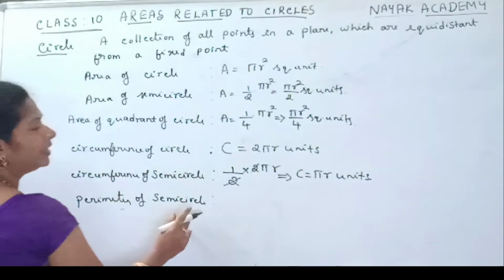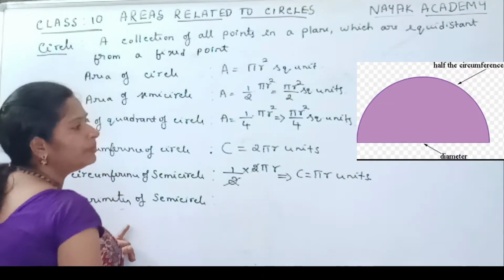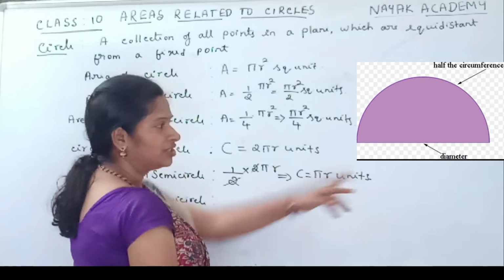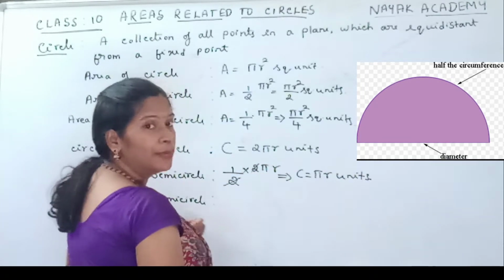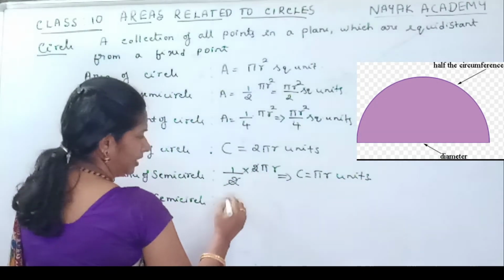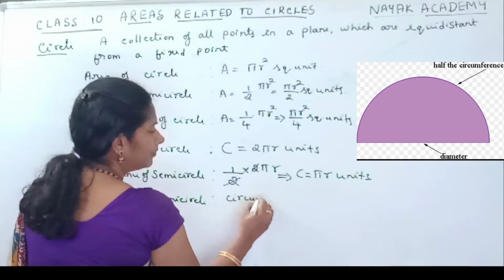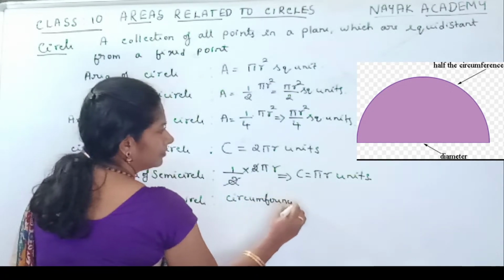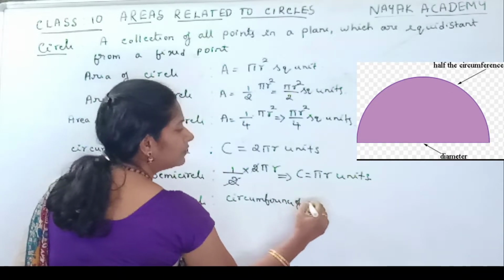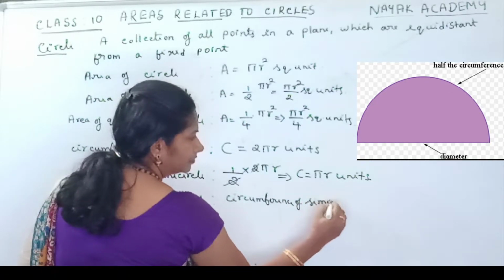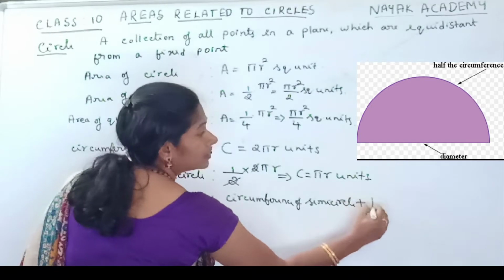Now the perimeter of the semicircle. What do you mean by perimeter of the semicircle, children? You can see the picture on the screen. Perimeter of the semicircle is nothing but the circumference of the semicircle plus the diameter.